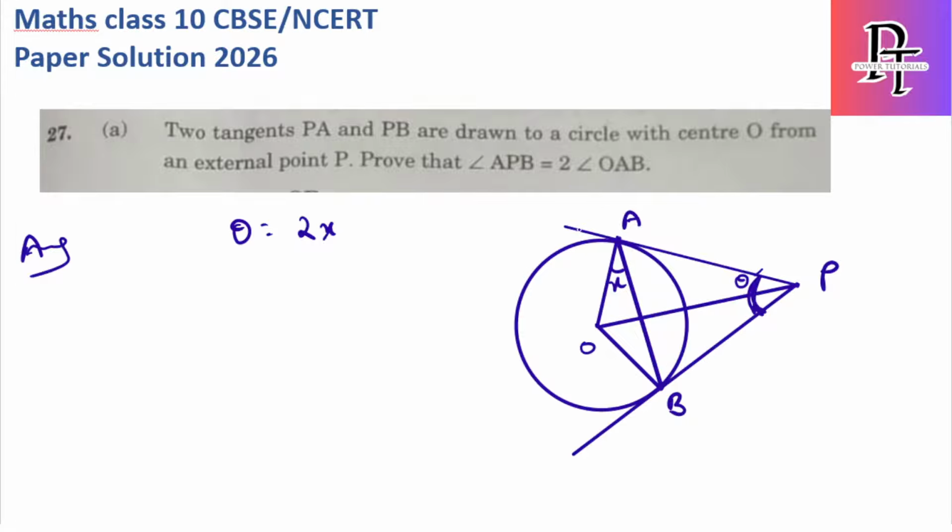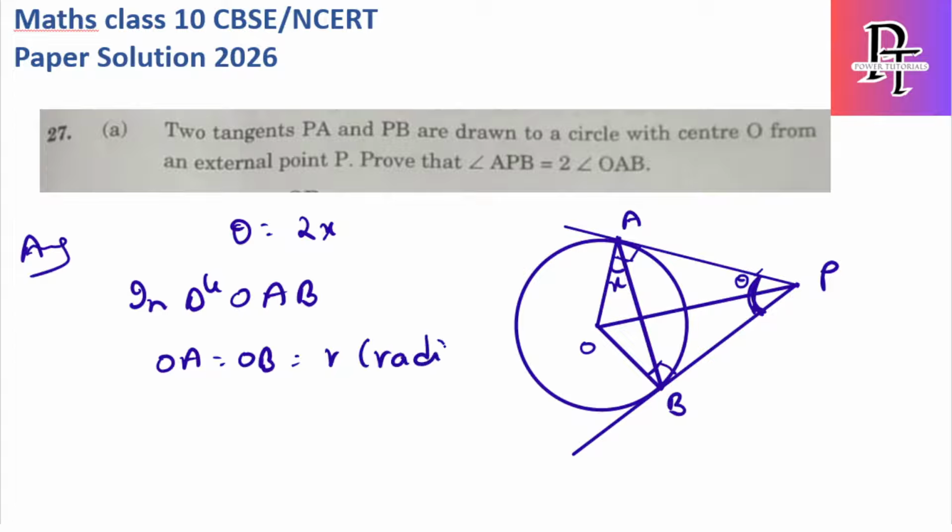First, we know that the angle between the tangent and the radius at the point of contact is always 90 degrees. This is 90, this is also 90 degrees. One more thing: in triangle OAB, I know that OA is equal to OB, which is the radius, and I will write it as R. If two sides of a triangle are equal, then it is an isosceles triangle.